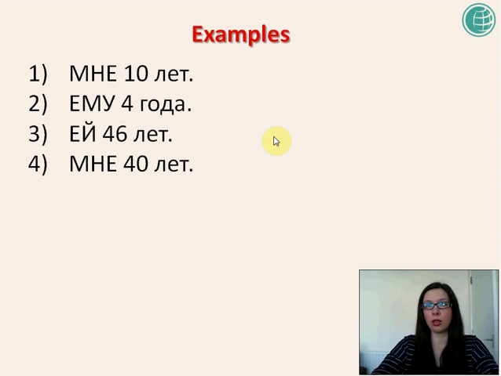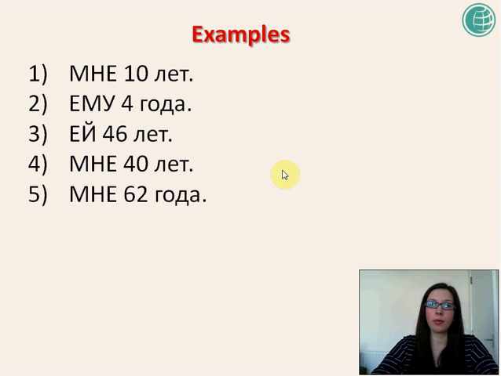Мне 40 лет. I'm 40. All these numbers which ends with 0, 10, 20, 30, 40, 50, 60, etc. we will also use лет. Мне 40 лет. I'm 40. Сколько вам лет? Мне 62 года.